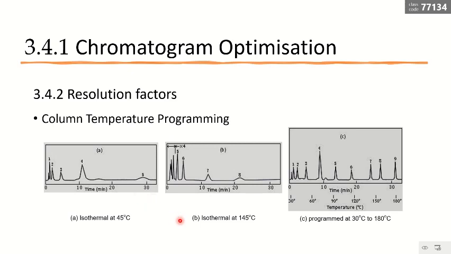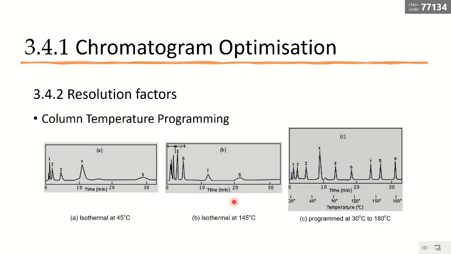If we don't do programming, we just do isothermal and increase the temperature, instead of 45 we use 145. You can see at 145 more compounds come out, basically compounds coming out faster. Even compound 5 here can be sharper, but the first few overlap in a more severe way. So we know the effect if we just increase the temperature.